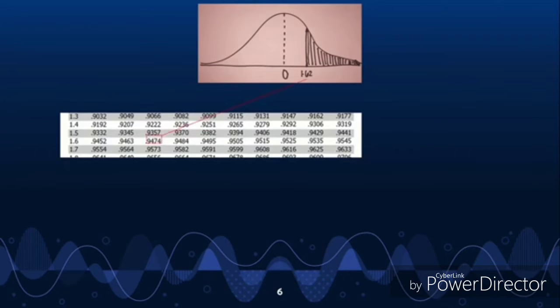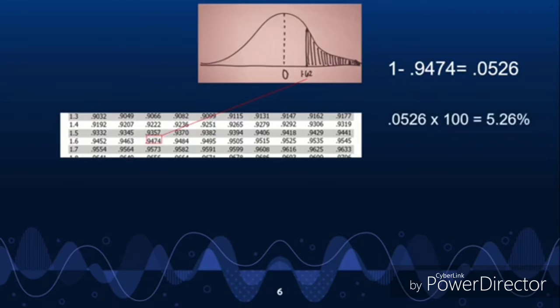By looking at the z table, the value of 1.62 is 0.9474. Since the whole normal distribution curve is equal to 1, let's subtract 0.9474 from 1. So, the answer is 0.0526. By multiplying by 100, the percentage is 5.26. So the percentage of the shaded part of 1.62 is 5.26%.